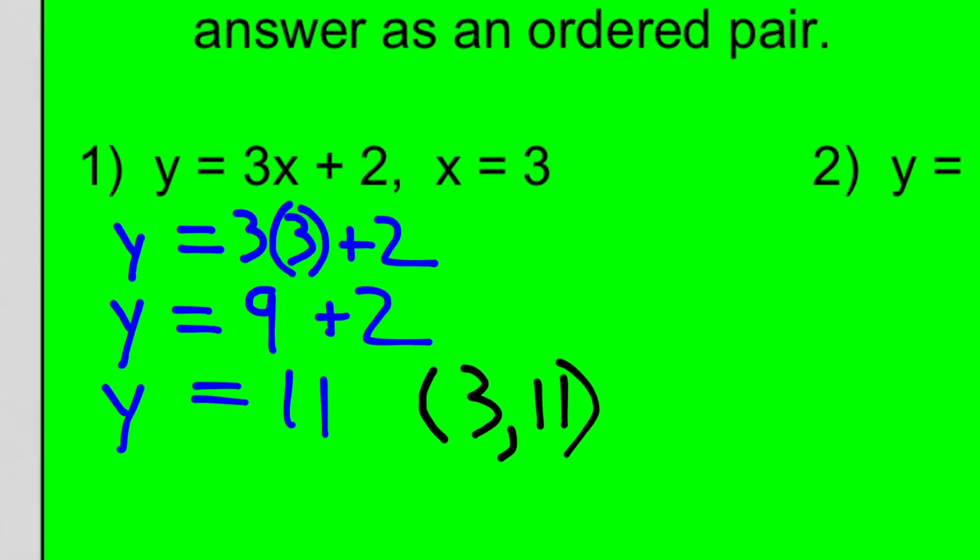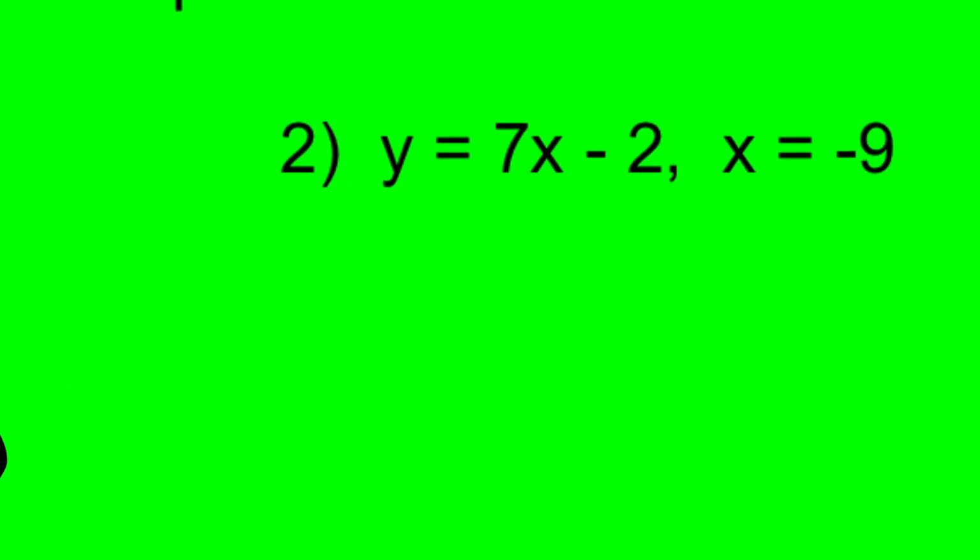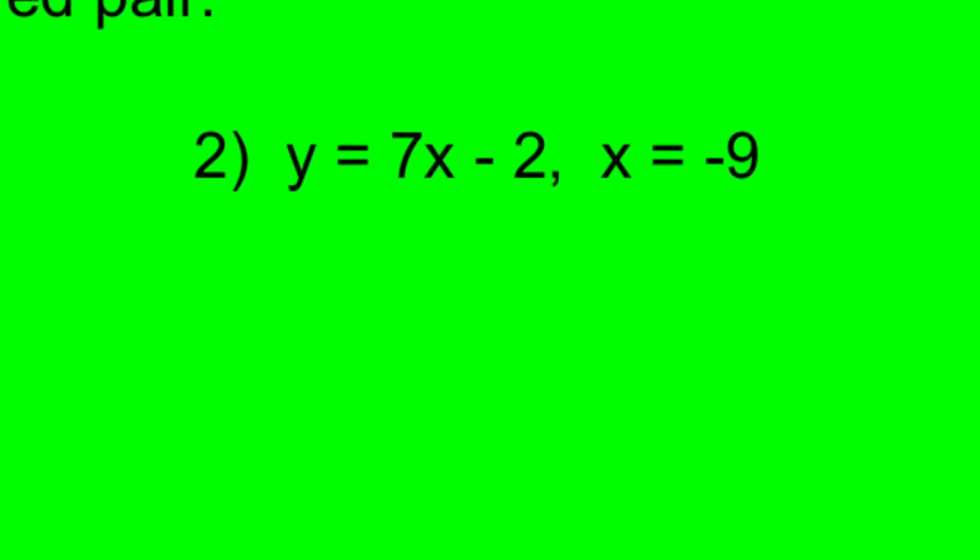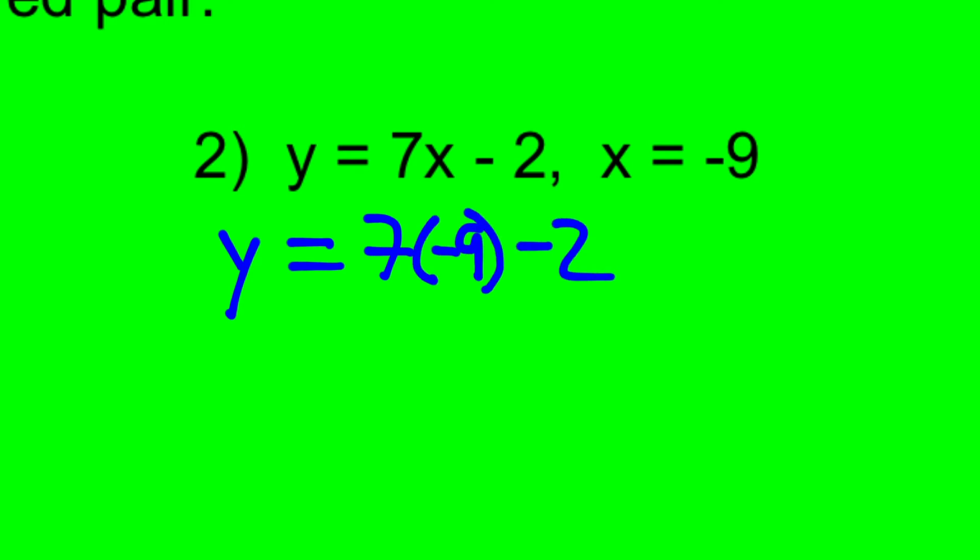All right, let's look at another one. I said integers aren't going away, and they're not. They will be in algebra all the time. So in this one, y equals 7x minus 2, and we've been given that the value of x will be negative 9. So working down the page, y equals 7, replace the x with negative 9, and we'll multiply, negative 9, minus 2.